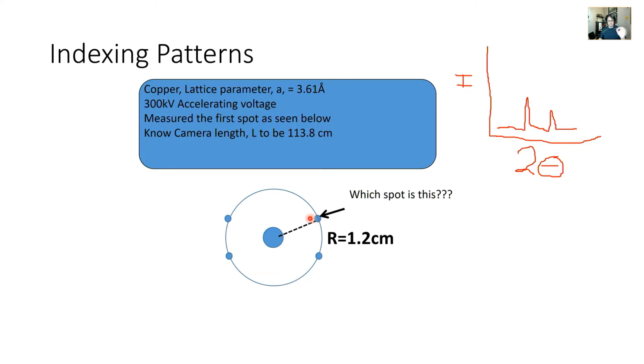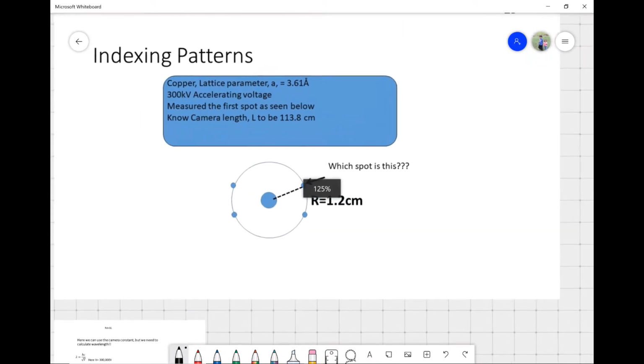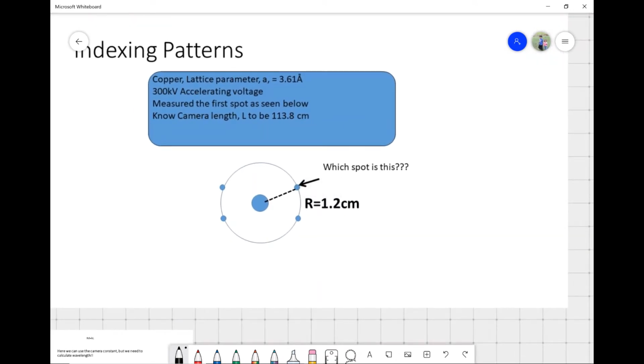And let's go through this. We'll go through it, and then we'll look at it one more time. So let's go through this particular question asking which spot is this. All right, so we're looking at indexing this pattern here. And we already know what we're looking at, and I've said it before, I will say it: if you are doing TEM and you've gotten to the point where you've put a specimen in a machine and you're seeing diffraction patterns, you probably know what you're looking at.